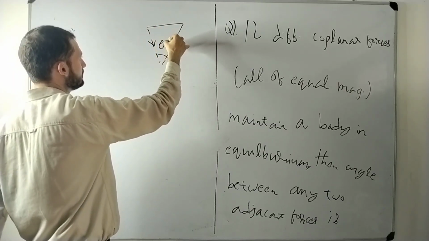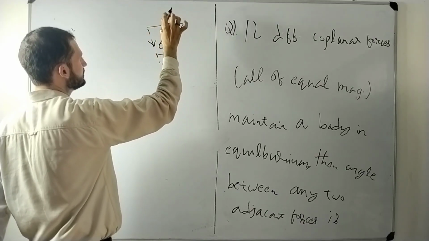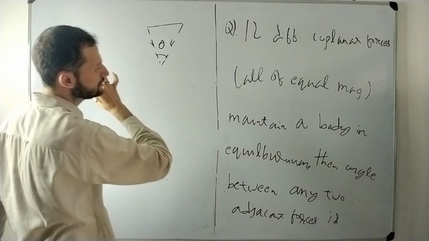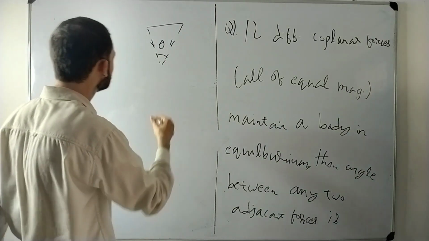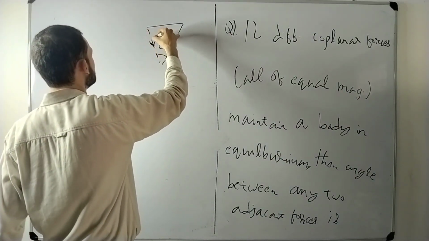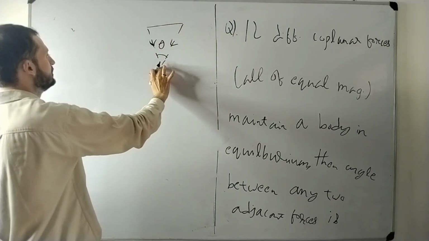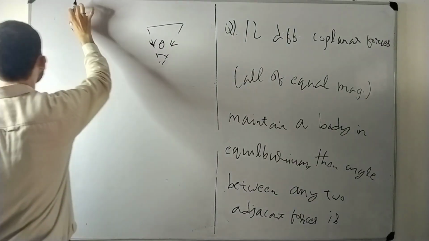Sir, where is the vector you are drawing? Twelve different coplanar forces maintain a body, so the forces are in this way, maintaining the body at equilibrium, at rest.